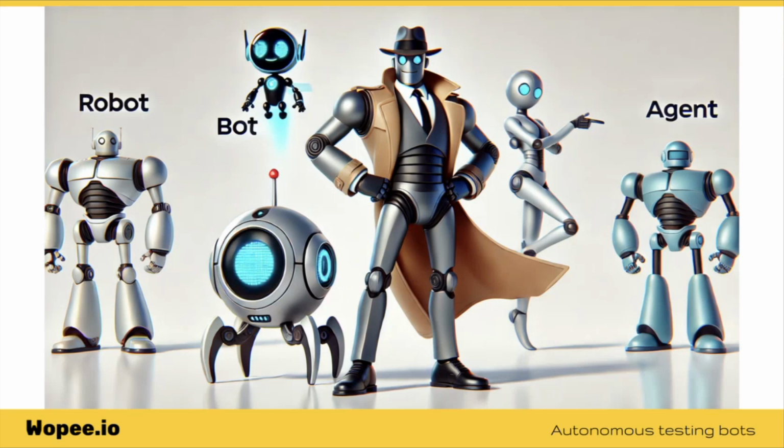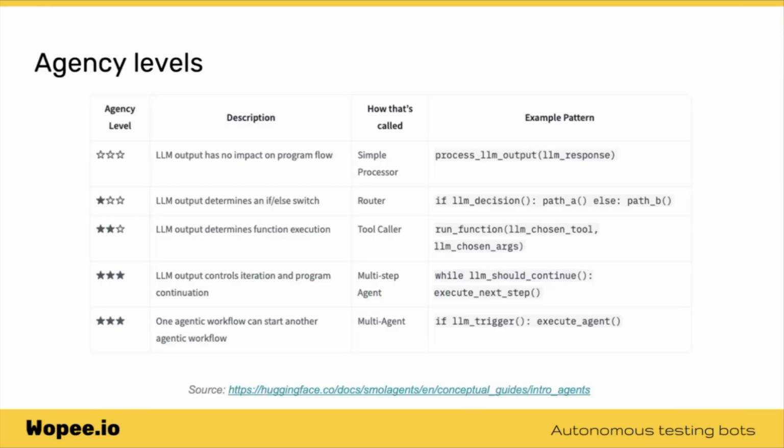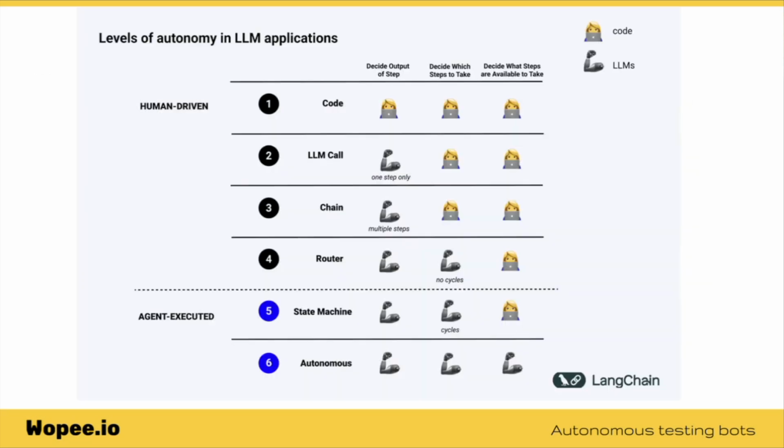But let's move back to the definitions before I explain how these tools work. If you go to Hugging Face and read the documentation, you might find some agency levels, which is pretty related to the topic I was talking about. I don't want to spend too much time on it. This is something that might be interesting for you, and if you're interested, go there. Similar, not the same, definitions are also published on the LangChain page, which is another framework you could use if you want to build an AI agent.